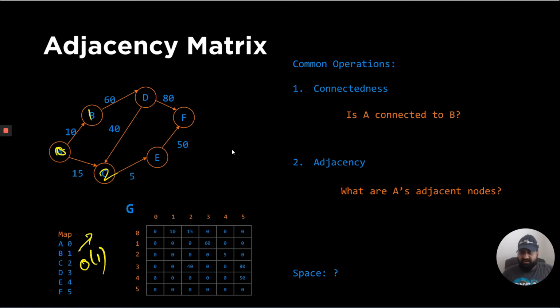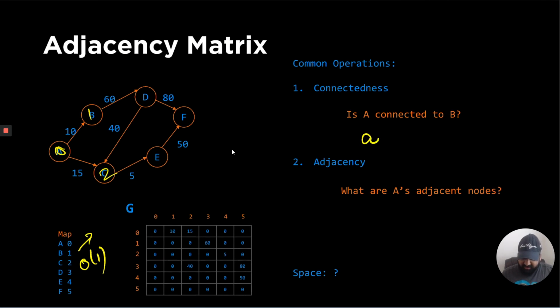So the first one is connectedness, and you can find out whether two nodes are connected by just doing something like ARR of A and B, where A and B are the values of the vertex, or if it is an integer graph, where the values are integers, then you just do something like ARR of 0 and 1 and so on.